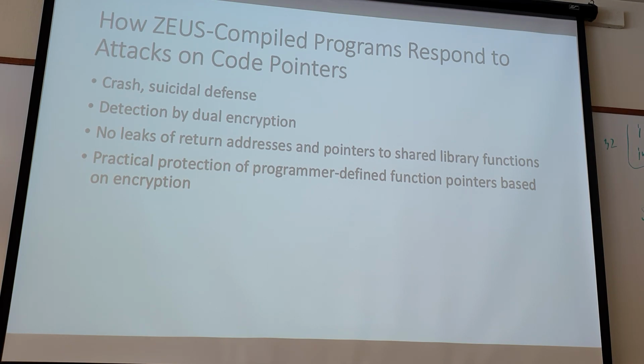But in our opinion, the detection method is not good, because in an attacked program the memory state is already contaminated. So it's not safe, or not wise, to continue the computation with some risk. I think just crashing the attacked program is much better.